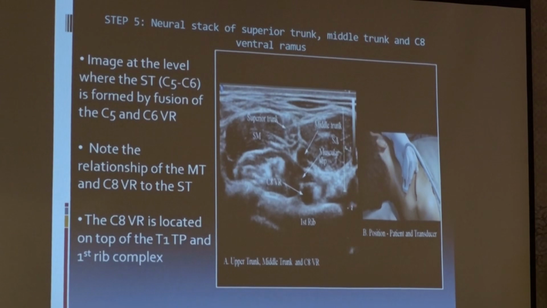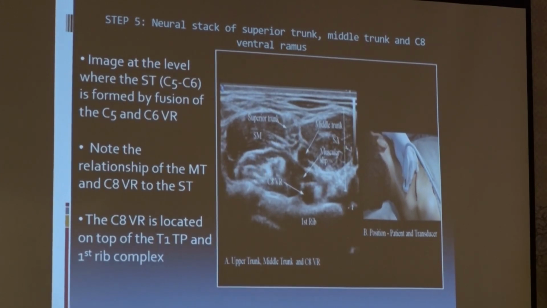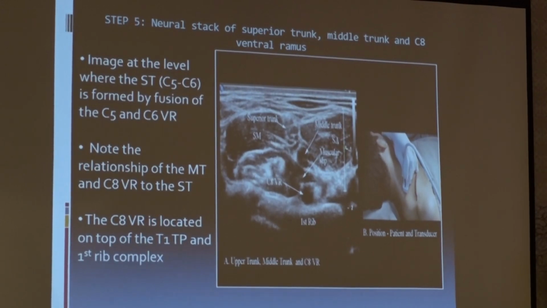Next, with some manipulation and tilting, we need to identify the superior trunk, middle trunk, and C8 ventral ramus. The superior trunk is formed by the fusion of the C5 and C6 ventral rami, and the middle trunk is located in between the superior trunk and the C8 ventral ramus. The C8 ventral ramus is located on top of the T1 transverse process and first rib complex.